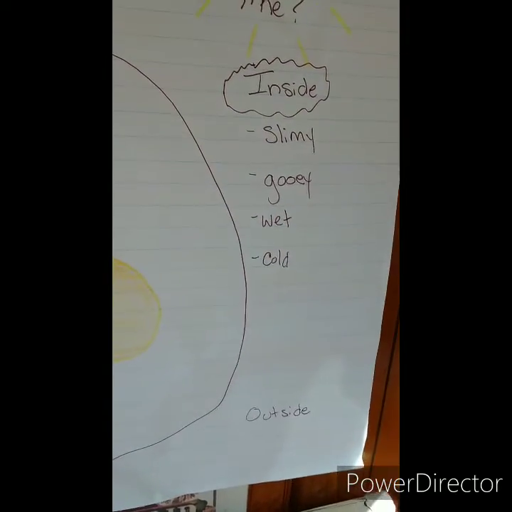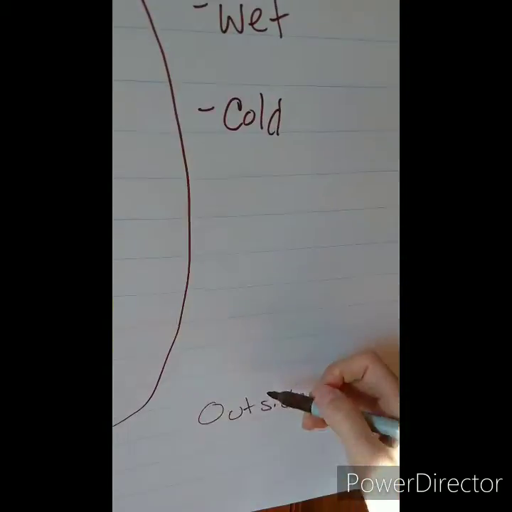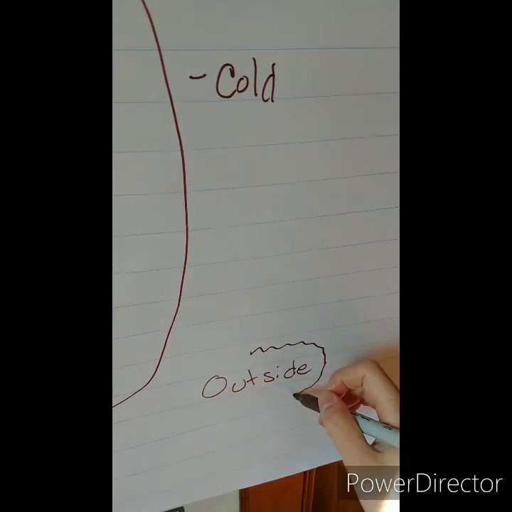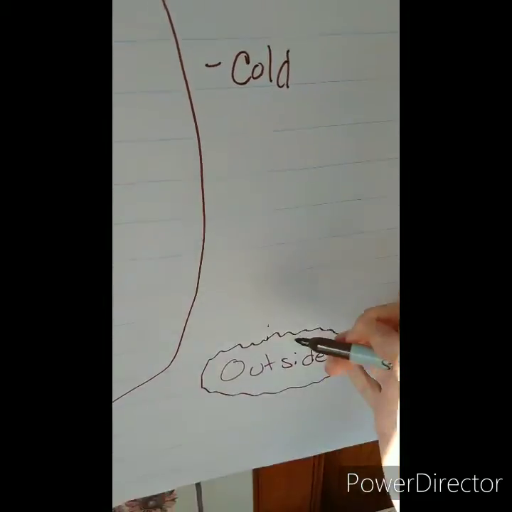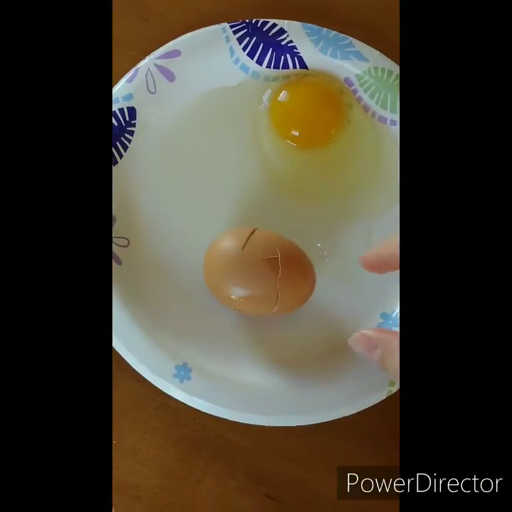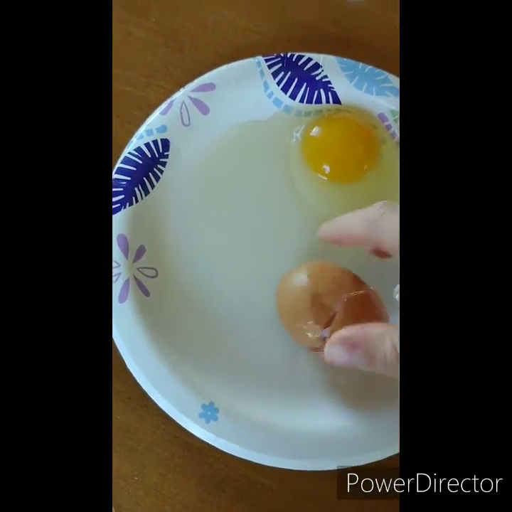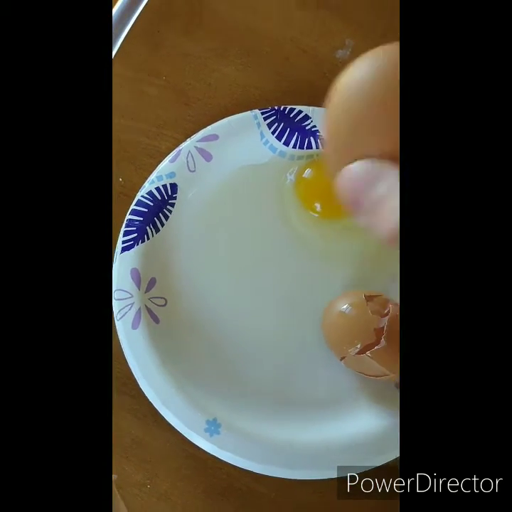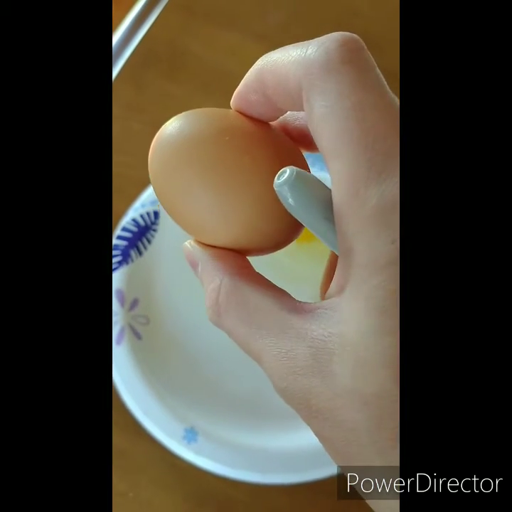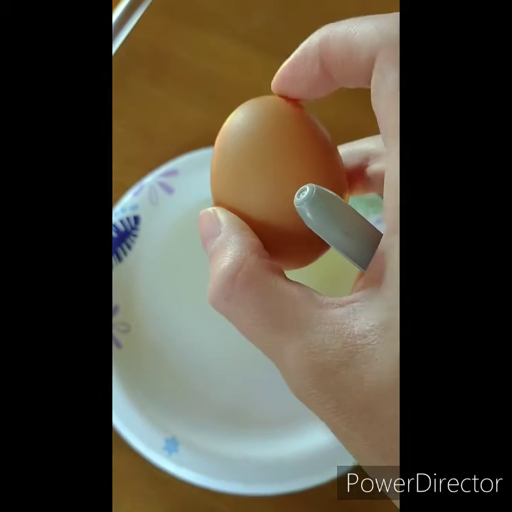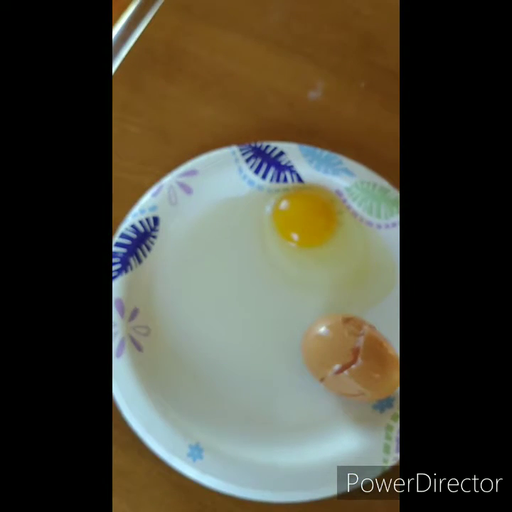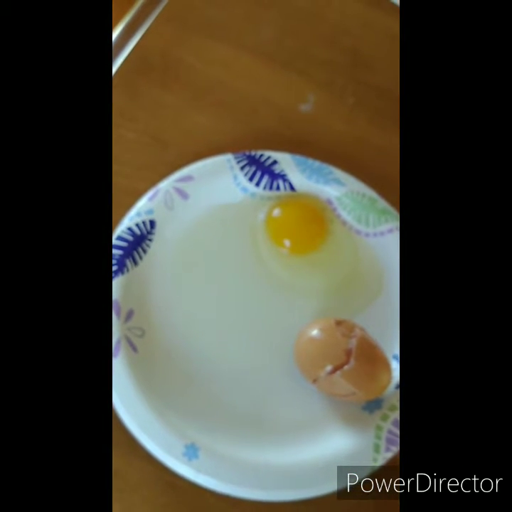So the next thing we're going to look at is the outside of the egg. So I'm going to put a little bubble around it. There it is. And we're going to come over here and we're going to look at the shell now. So the shell, I'm going to actually first hold the one I have not cracked. It's really hard. Kind of feels like a rock. So one word we're going to use is hard.